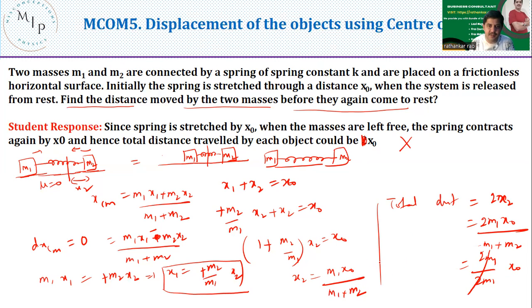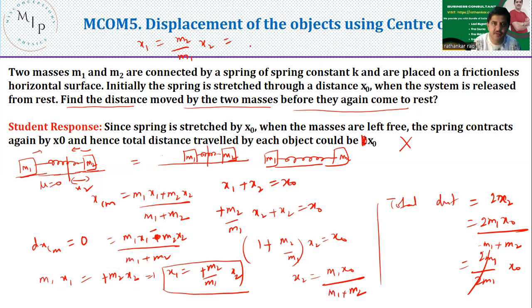Now, in a similar way, if you ask me how to get the value of x1, we have got the value of x2 only, the distance moved by the mass m2 when your fingers were released. You can also get an expression for x1. X1 is simple. I don't have space, maybe I'll write it here. I know x1 is nothing but m2 by m1 into x2.